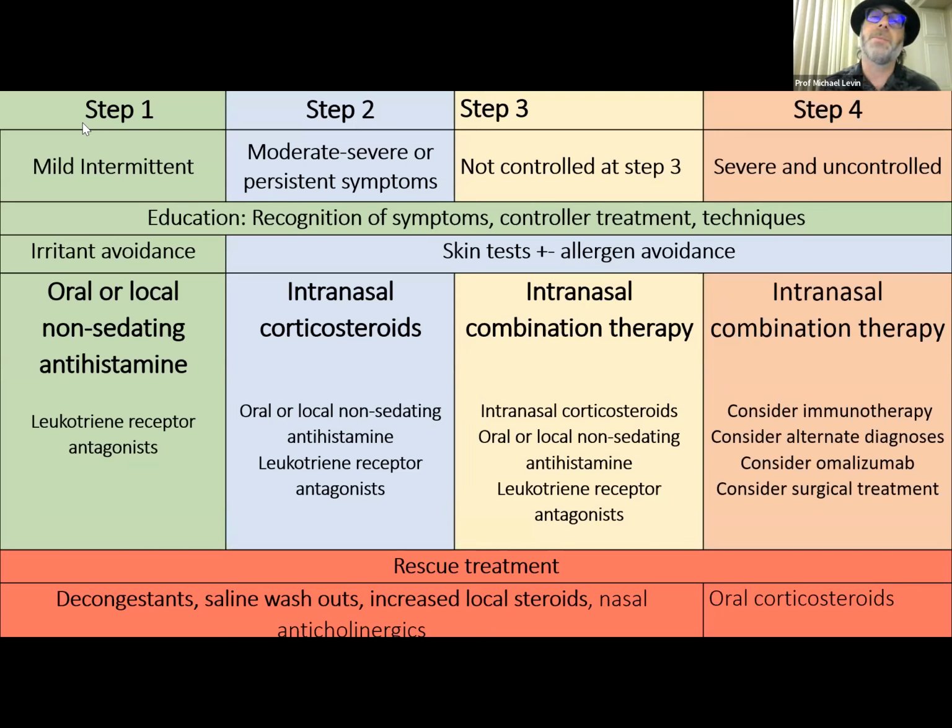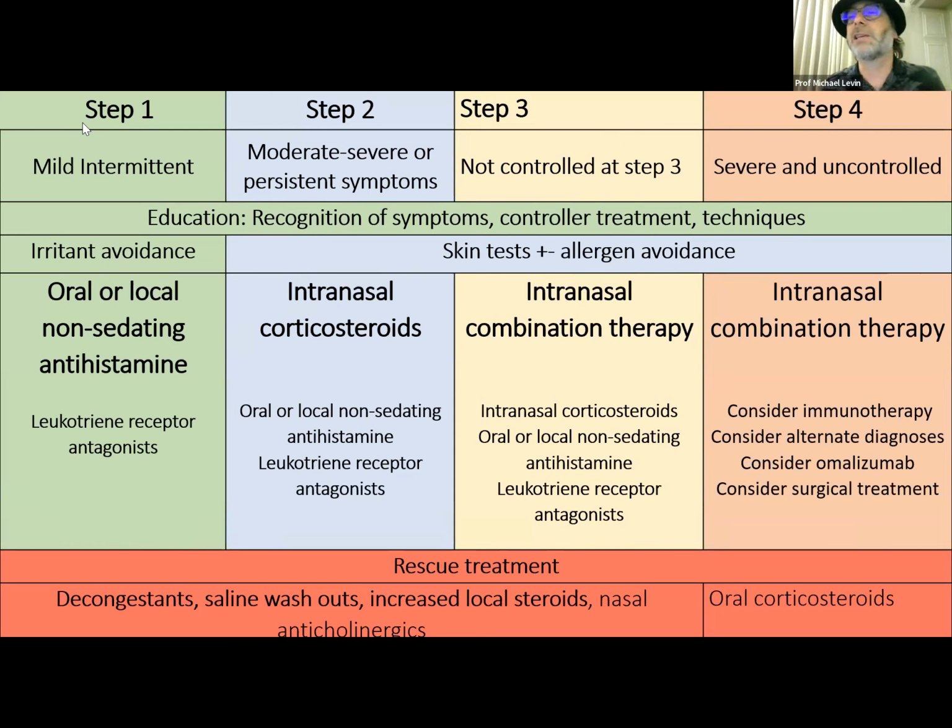The combination therapy comprises an intranasal corticosteroid and a local antihistamine in the same device, or you could use an intranasal corticosteroid along with oral or local non-sedating antihistamines. The advantage of using it in the single device is that it's a little bit easier for the patient, and you have this almost enforced adherence where every time they take a reliever dose of their therapy, they also take a controller at the same time.